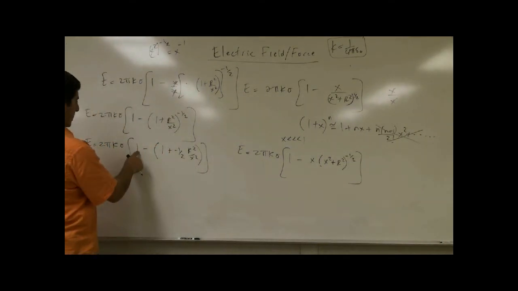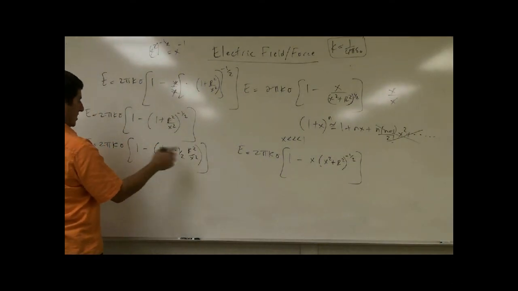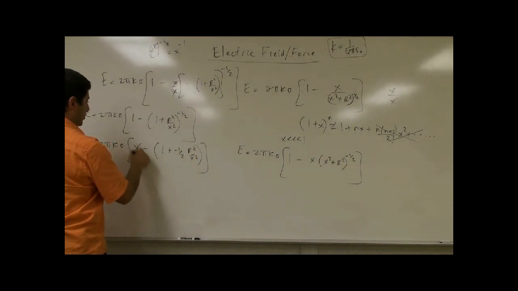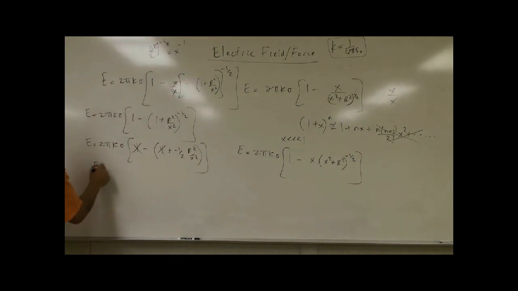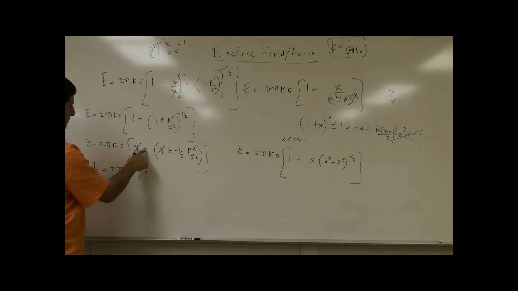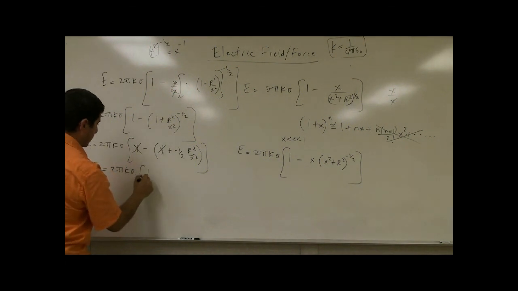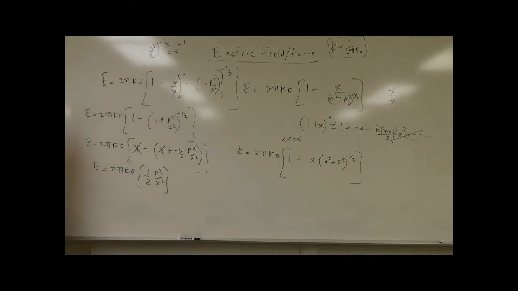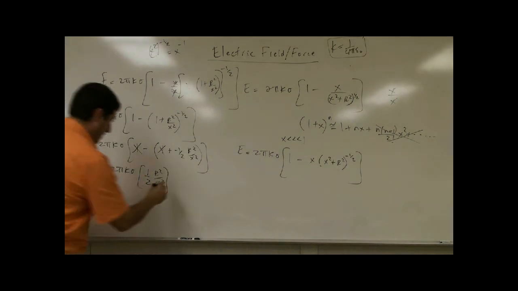And 1 minus 1, it's going to cancel, and therefore only this will survive. This one and this one will cancel. And you will end up with what? Minus and minus, negative, that's going to be a half r squared over x squared. Notice what's going to happen now.